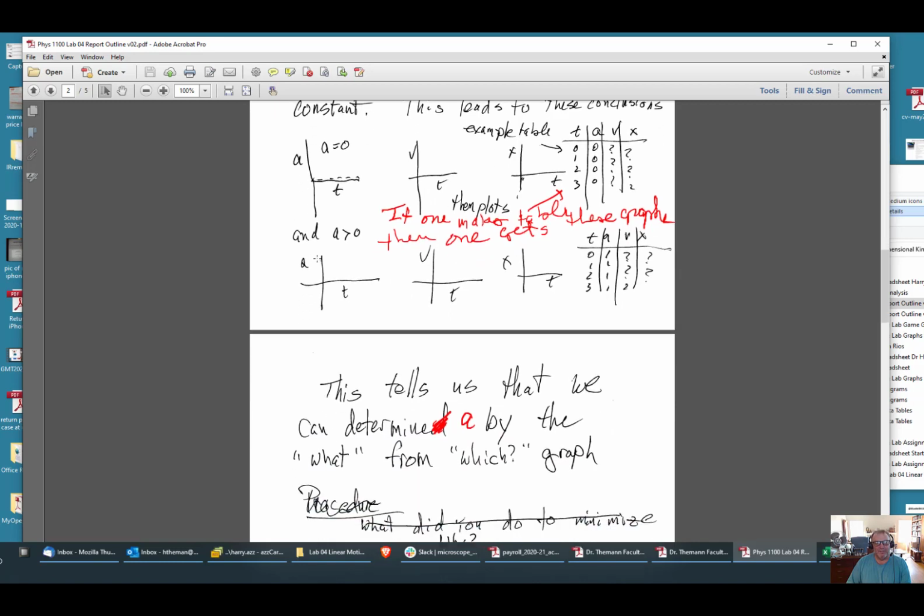The implication here is that we can determine an acceleration by doing something, right? What did we do? We produced a certain graph, and we did something to it to extract the acceleration.